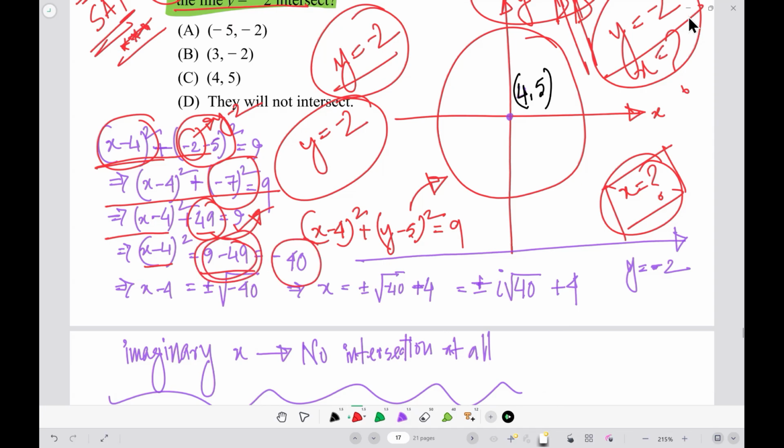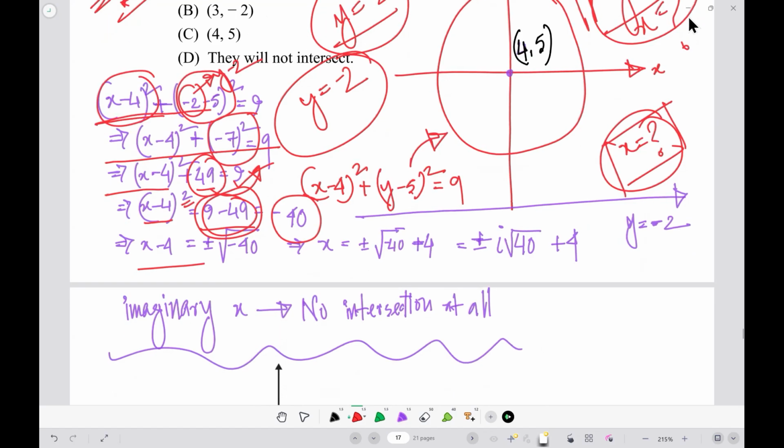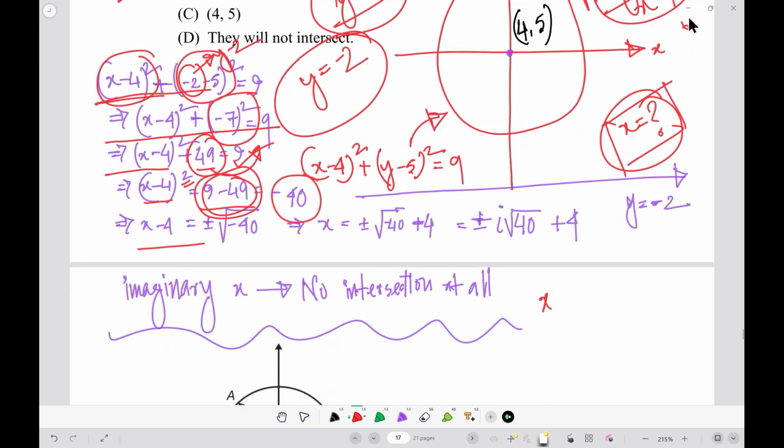Then x minus 4 equals, as this is a square term, if you want to calculate the value of x minus 4, there will definitely be a root associated with this term.